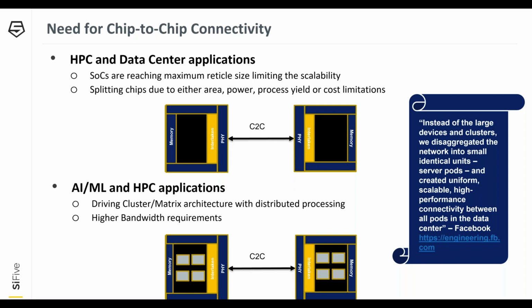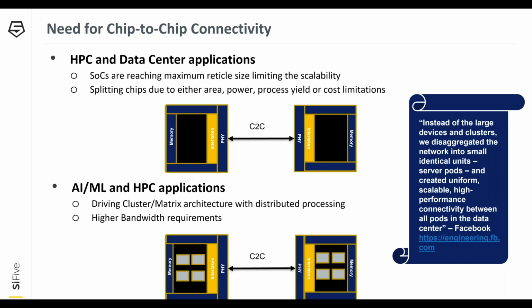I mentioned PHY because Interlaken is actually agnostic to the physical layer. It can be high-speed SerDes up to 112 gig, or it can be a bunch of wires connected in parallel. Die-to-die is a whole new topic that we will address at some future seminar.